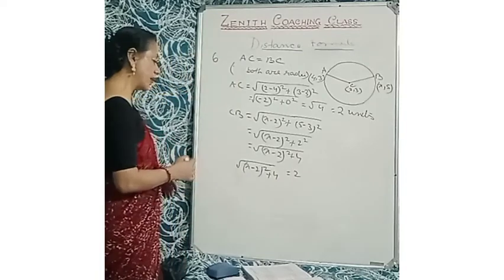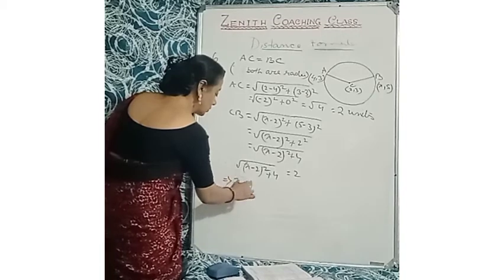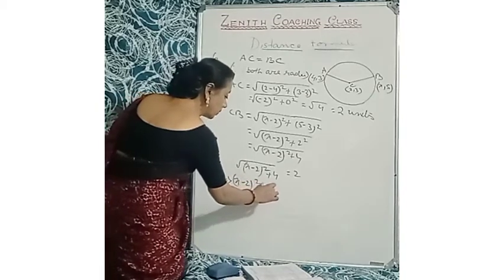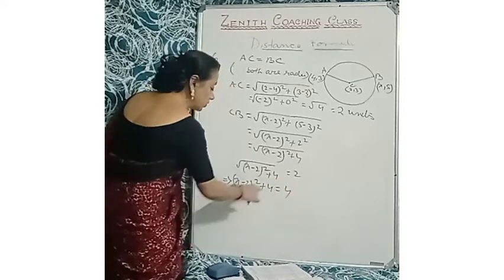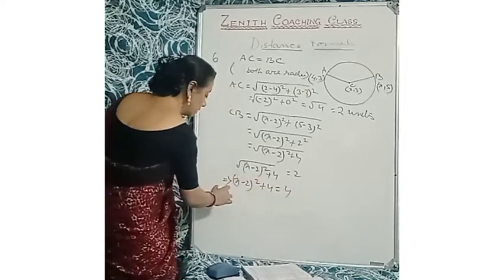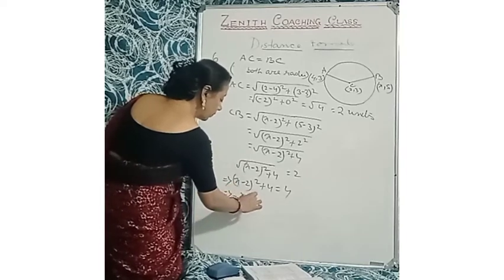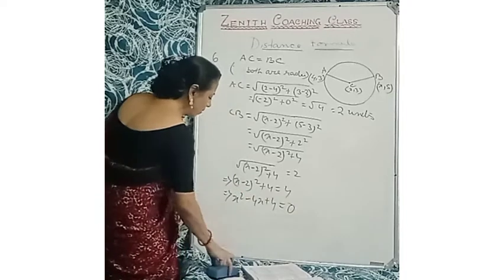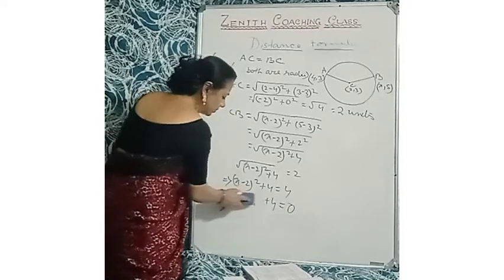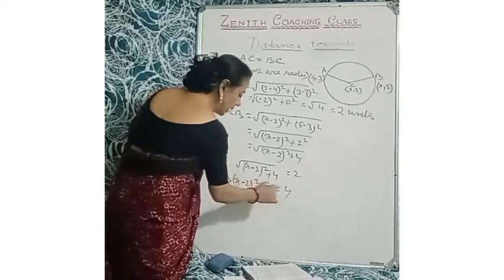Now by squaring both sides we get (x - 2)² + 4 = 2². 2 square is 4, so cancel 4 here. So x² - 4x + 4 = 0. Okay, don't write it. Cancel 4 first, so here is 4 and here is 4. Cut.